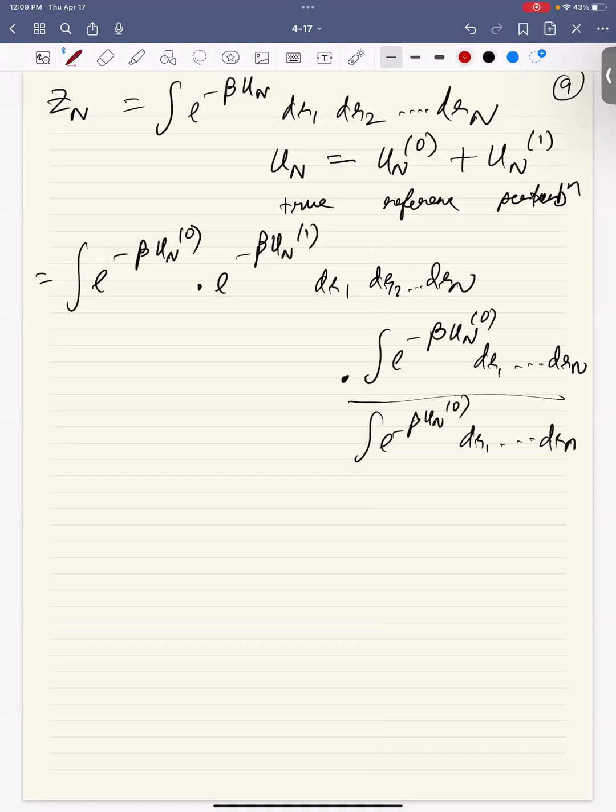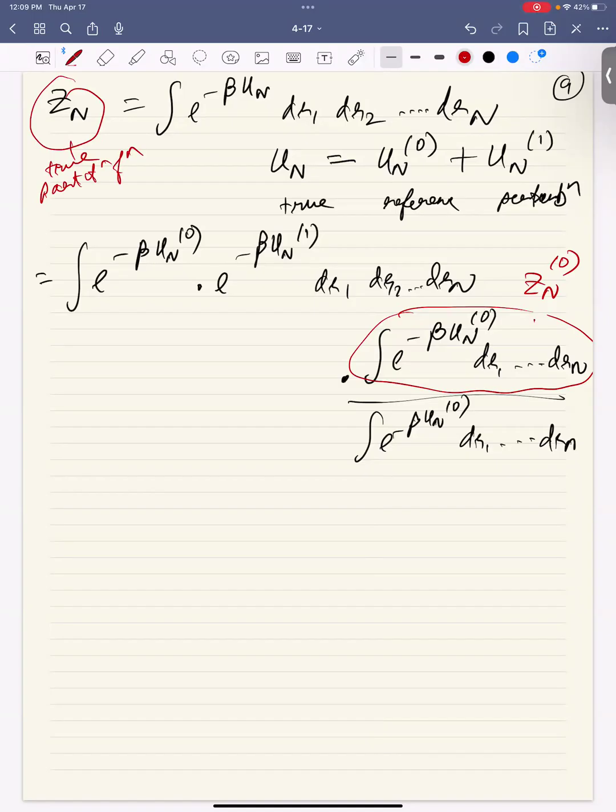Does this thing have a name? This is Zn0. This is the partition function in the reference potential, right? While this one is the true partition function, and this is the reference partition function.